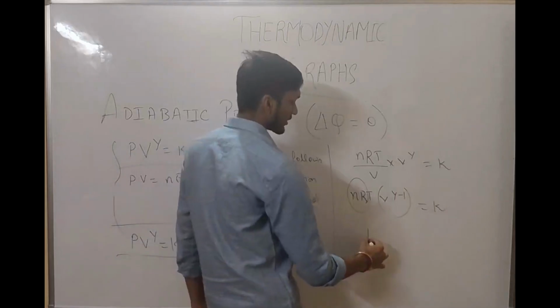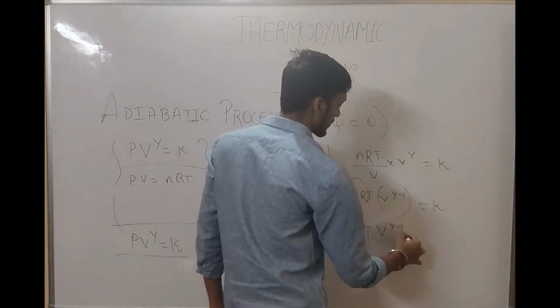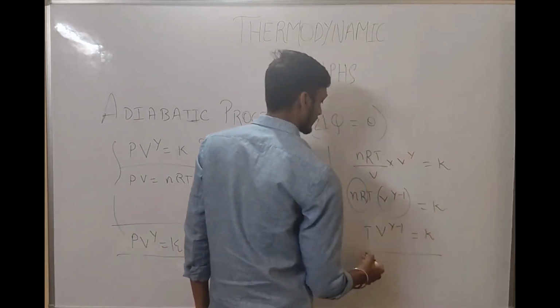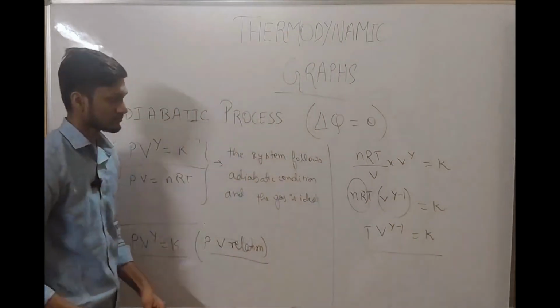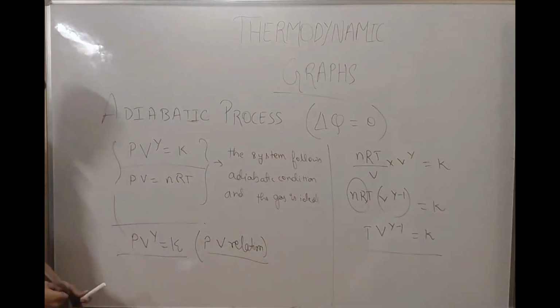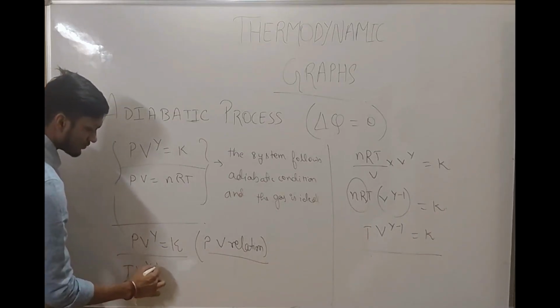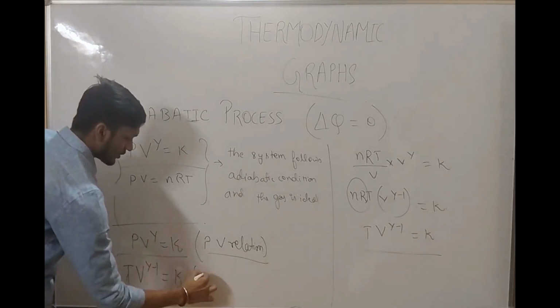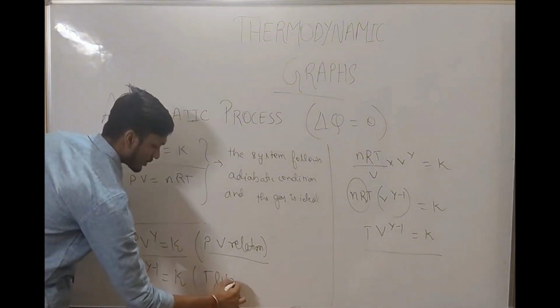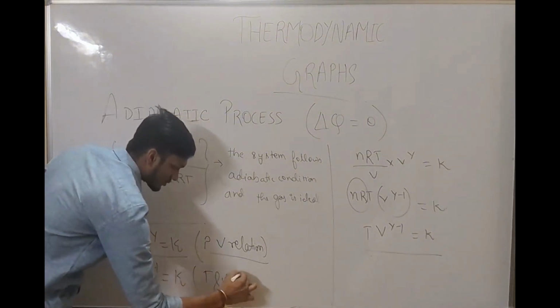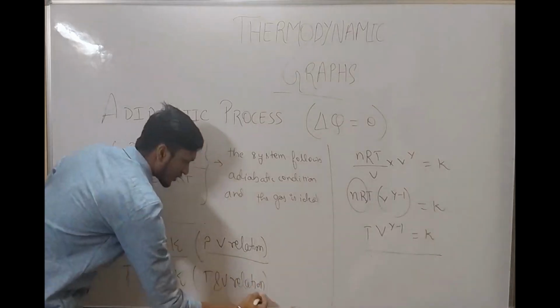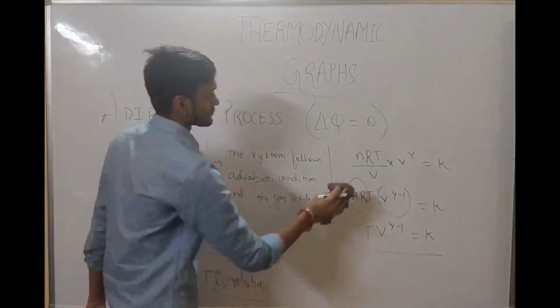Therefore, we can write that TV to the power gamma minus 1 is also a constant. We got another relation between temperature and volume.